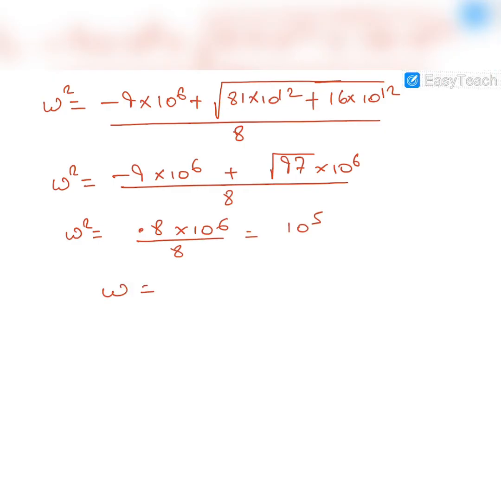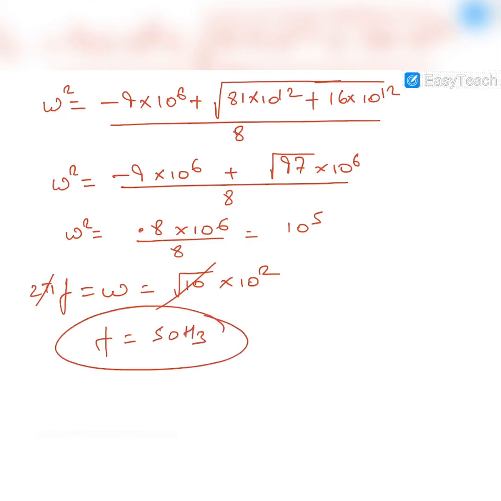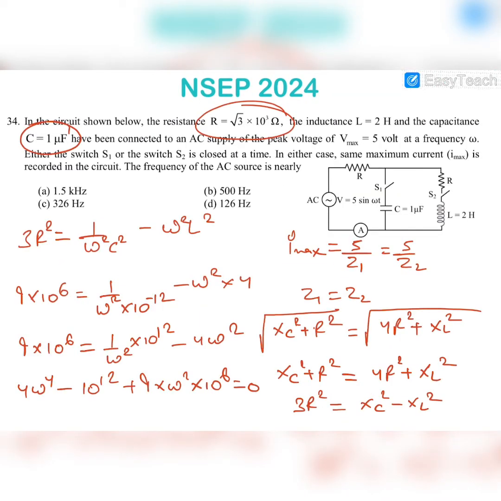So omega will be equal to root 10 into 10 raised to power 2. And omega is 2 pi f. So root 10 is pi, so f will be 50 hertz. So the correct answer will be 50, but it is not mentioned in the options. So you can say that it would be a bonus question.